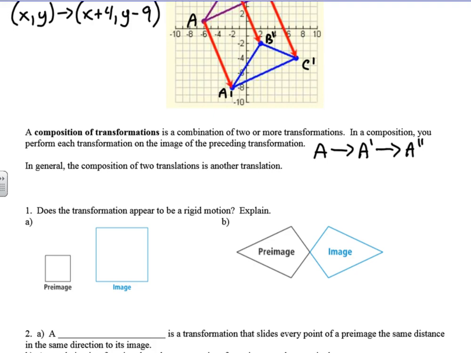Later on in this unit, we'll do a translation and then a reflection. But for our purposes in this lesson, what we want to highlight is that if you have 2 translations, 2 slides, there's really one slide that could represent both of those.